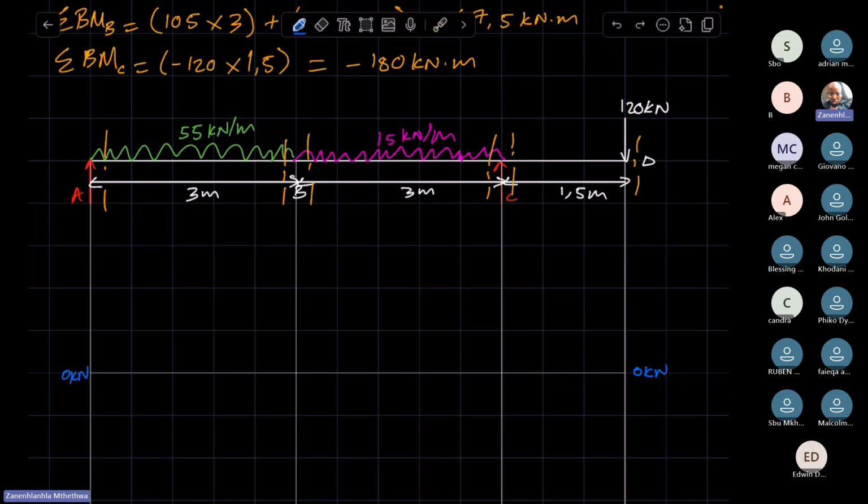We only have one force on the left of this section, which is the reaction at A. The reaction at A, remember, is equal to 105. So you draw the 105. This represents 105 kilonewtons. You must write it there.